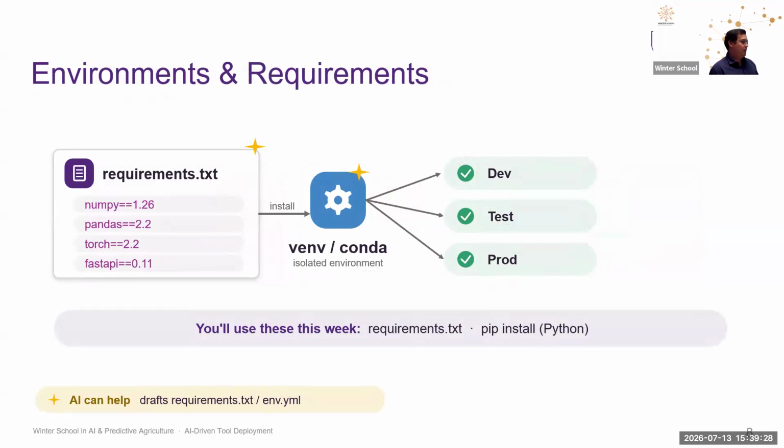You're now thinking about whether this person can run that same code as it is, as a Jupyter notebook, for example. And one of the ideas that you need to know for this is environments and requirements. So requirements, as you can see on the screen, is a text file. It's simply a file that has the packages and the versions of those packages that you're using, right?